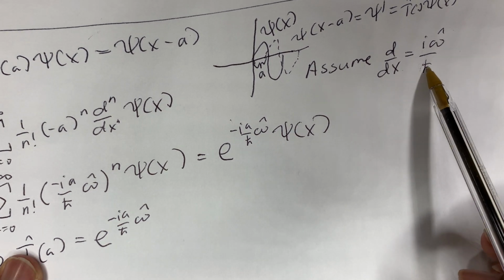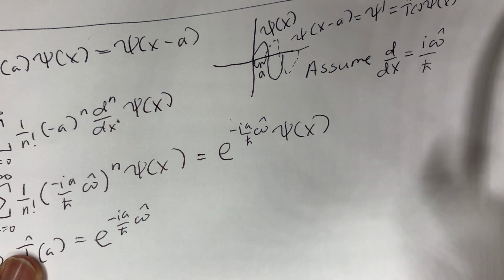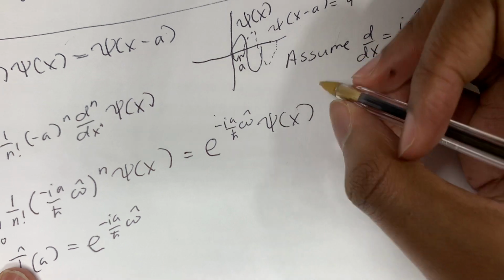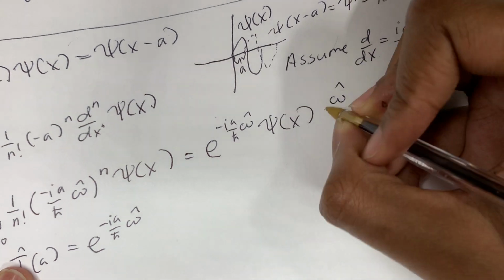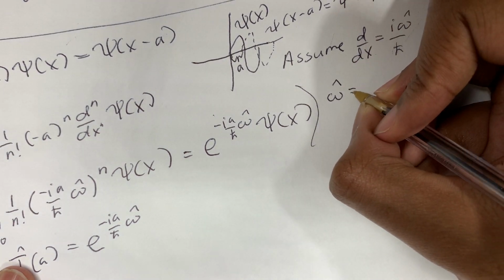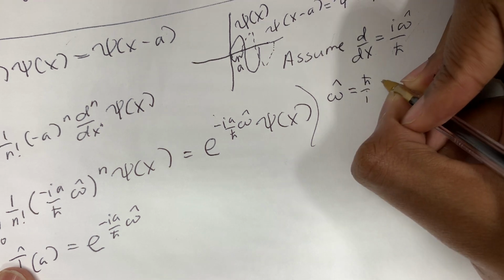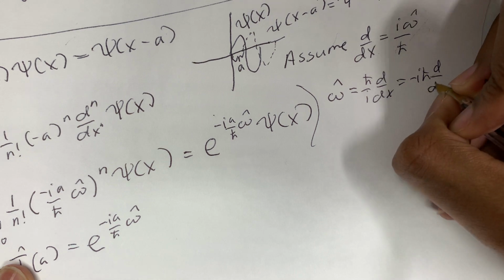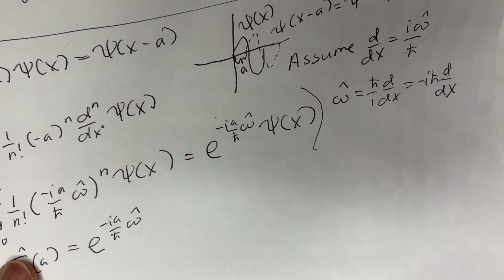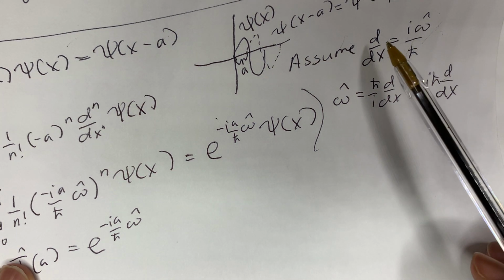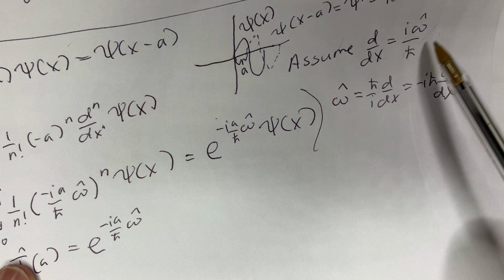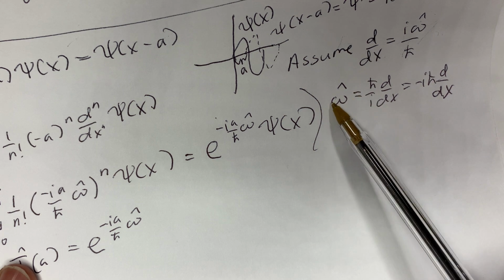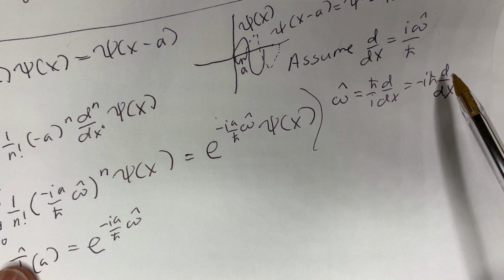Doing some basic algebra, multiply both sides by h bar, then divide by i, we obtain that omega equals h bar over i d over dx, which equals minus i h bar d over dx. So really, we just assume that d over dx could be written in terms of omega, and then we rearrange terms to find that omega equals minus i h bar d over dx.